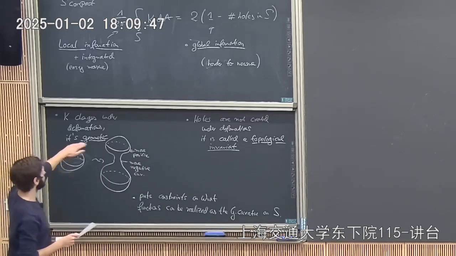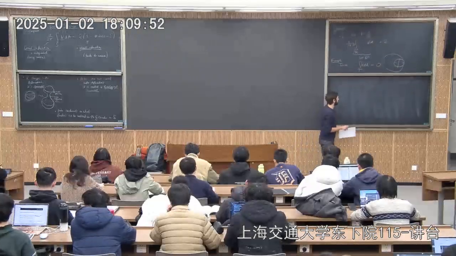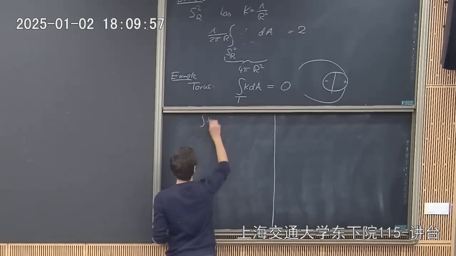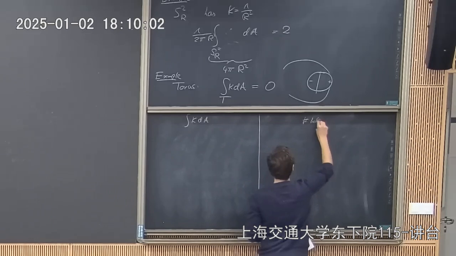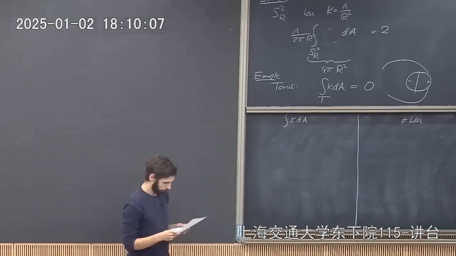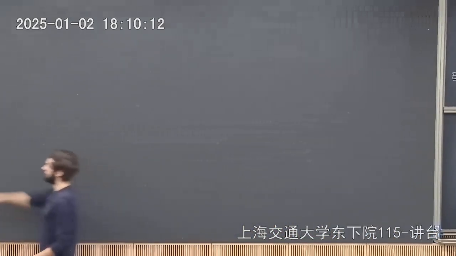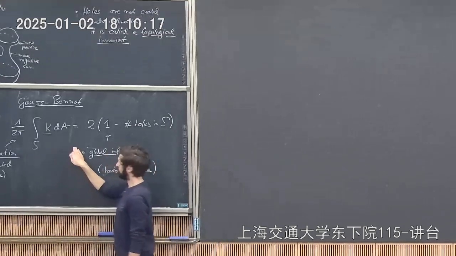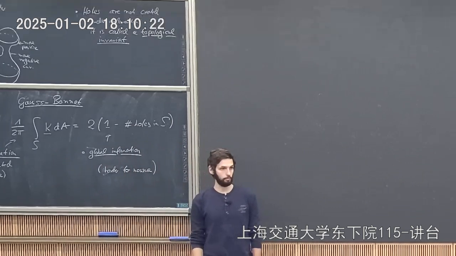Okay, so that's a few things, but there is actually a little bit more information. I continue writing in this two-column layout, where on this side we have something about KdA, and here we have the right-hand side, which is essentially counting the number of holes. The first thing here is, if I had given you just the left-hand side, this expression, and asked you what it is, you would have said an arbitrary real number, right?